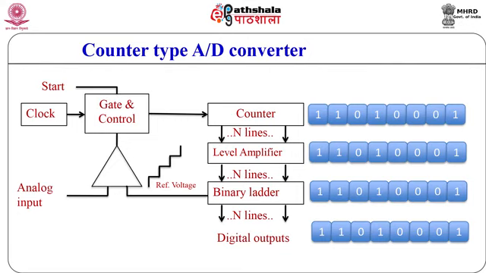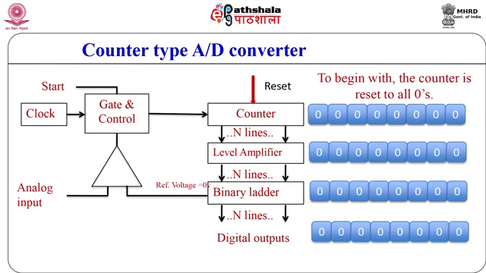To begin with, the counter is reset so that the counter output becomes all zeros, which makes the output of the level amplifier also all zeros. Input to the binary ladder will be 0, and the reference voltage to the comparator will be 0. If the analog input applied is positive, the output of the comparator will be positive.